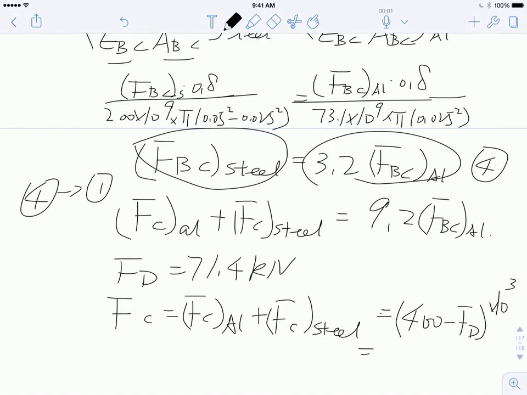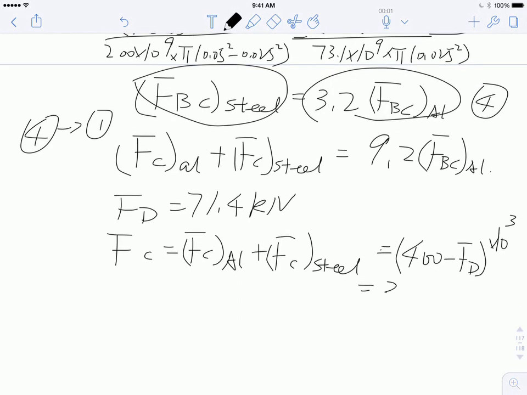Then we have the answer, F_C equals 328.57 kilonewtons. So that's how you solve for it, the reaction force at C. Make sense? It's nothing but actually these two forces.